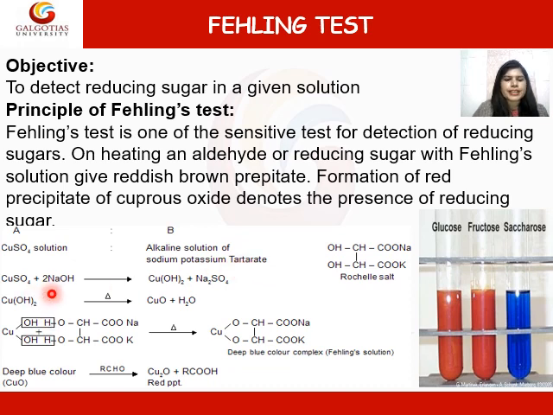Copper sulfate in the alkaline medium gives copper hydroxide, which on heating is converted to copper oxide. Then this Rochelle salt gives the deep blue colored complex, that is the Fehling solution. The deep blue complex, when reacted with the reducing sugar, gives the red precipitate of cuprous oxide.